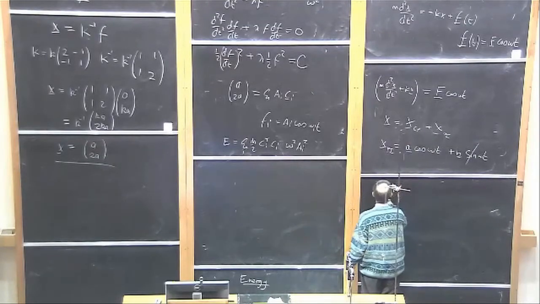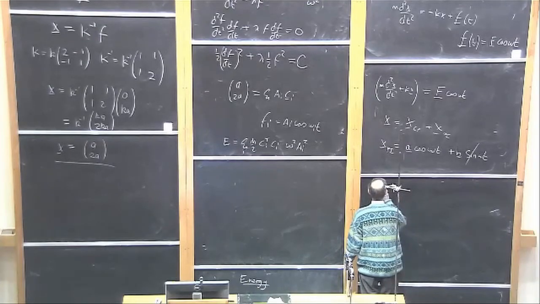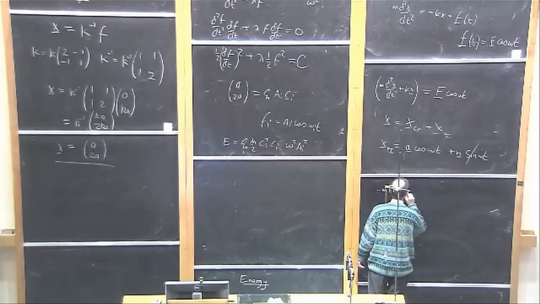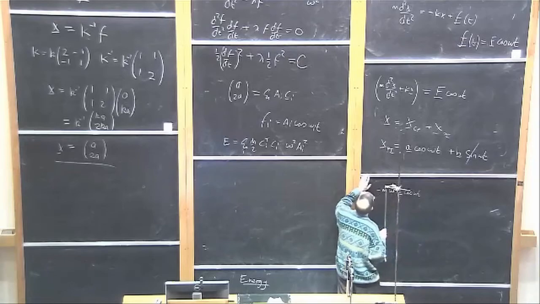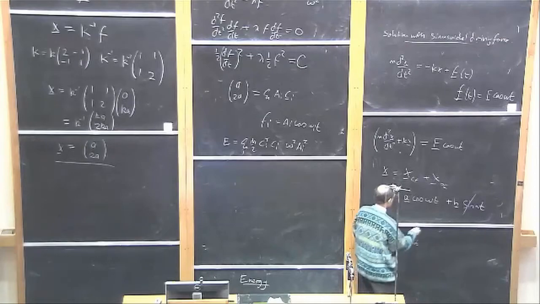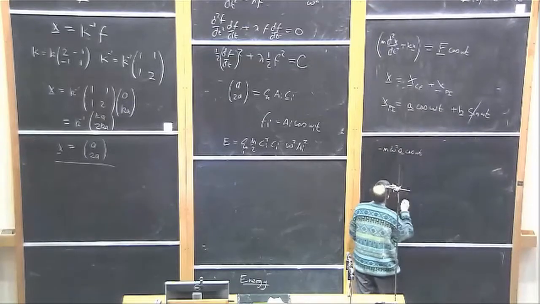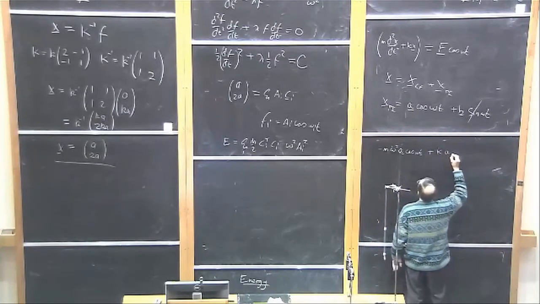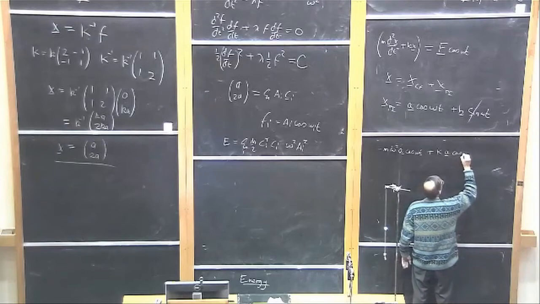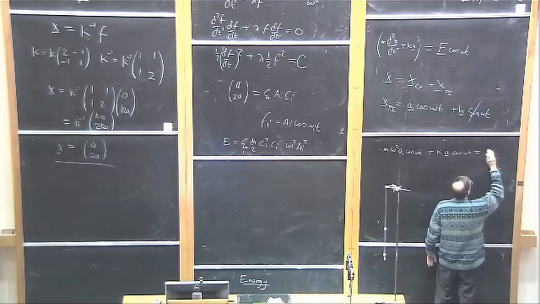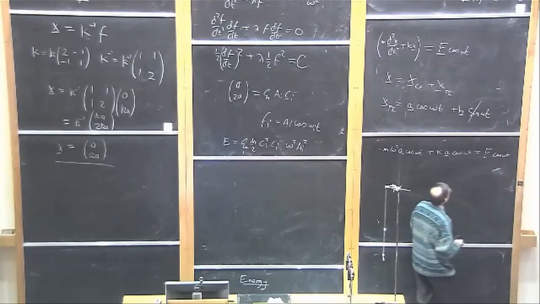And if I do that, I get minus m omega squared a cos omega t. That's m times the second derivative of that, the second derivative being minus omega squared, plus k a cos omega t equals f cos omega t.